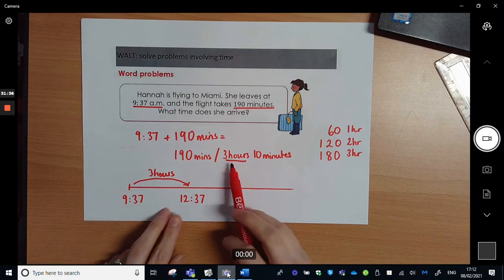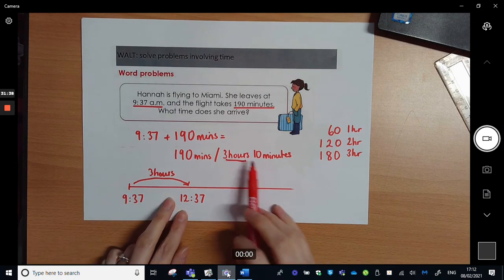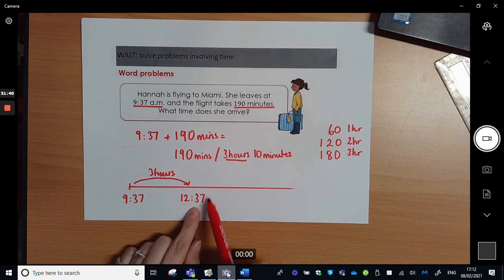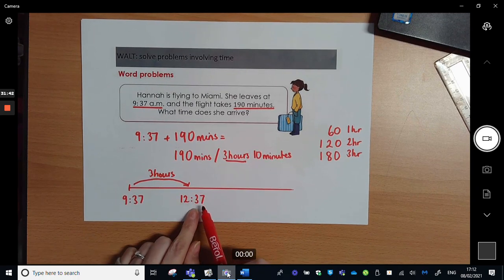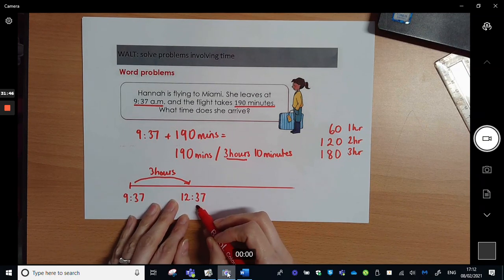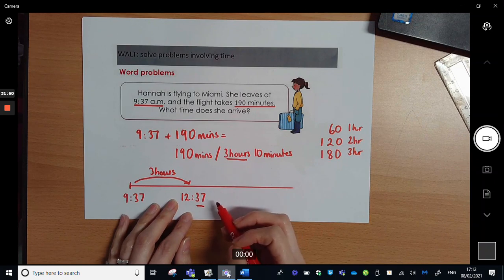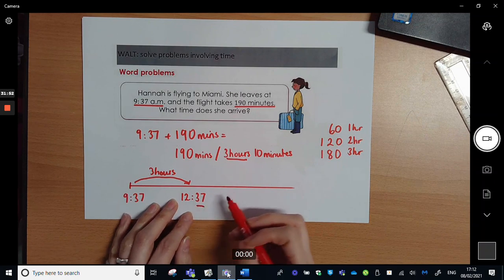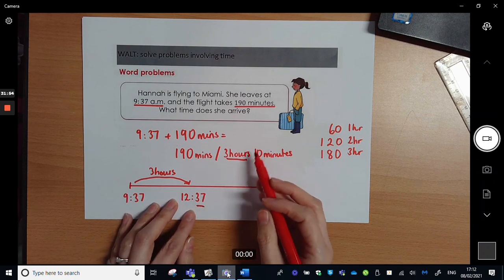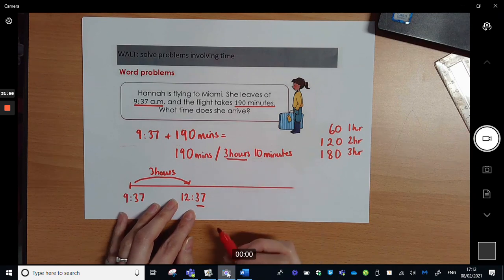So I've added on my 3 hours. Now I need to add on 10 minutes. So I know that it's not going to go past the hour this time. So I could round to the nearest 10, but I know that I'm just adding on to the minutes this time, and it's not going to go up to 60. So I can just add on the 10 because it's a nice round number. So I don't need to round to the nearest 10 this time.